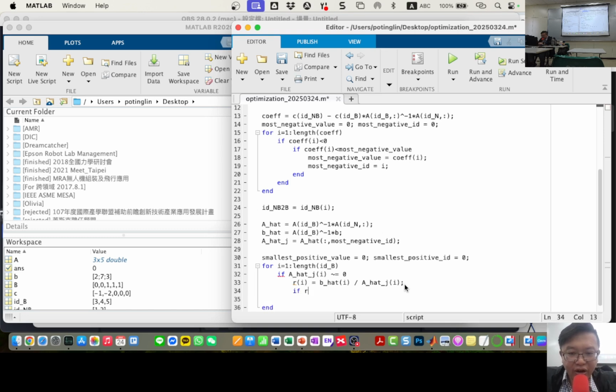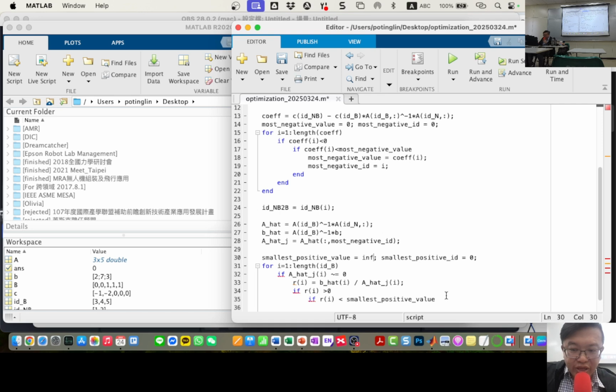If Ri is positive, and if Ri is smaller than this guy, so I should make it infinity at the beginning, INF. So any positive value can be smaller than infinity.